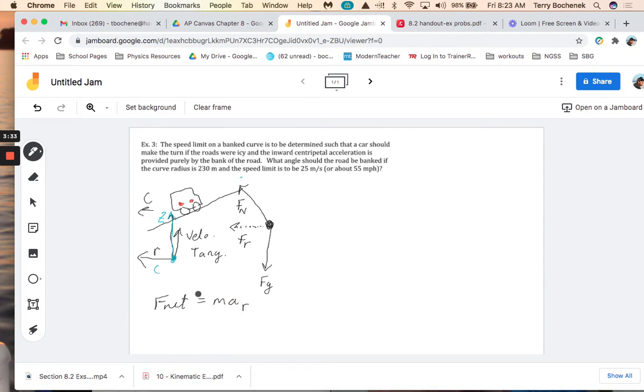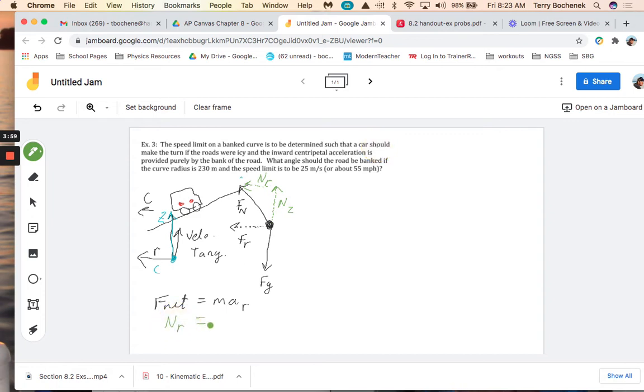And that net force comes from the inward component of the normal force. So this could be thought of as the normal force in that Z direction, and then there's a normal force in the radial direction inwards, and the radial force is the one that is our net force.